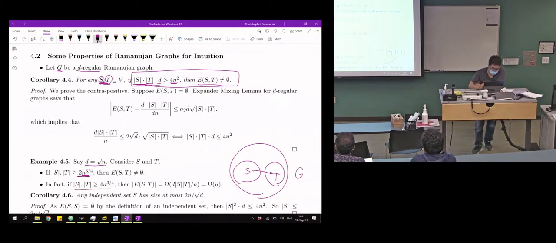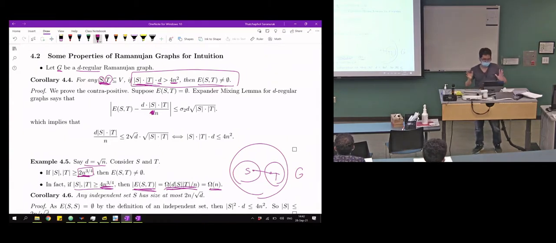And actually, if S and T are just a bit bigger than what you need to conclude that the number of edges between them is non-empty, then the number of edges between them would be this term, which is like O of n.